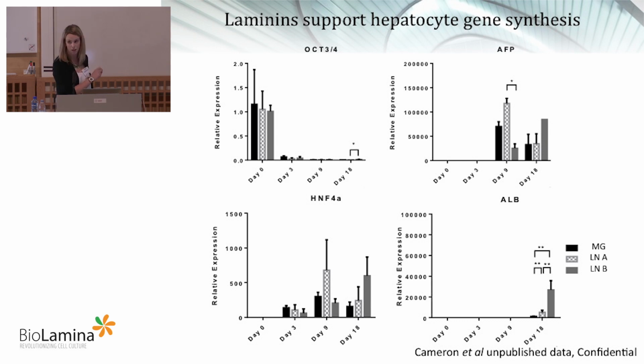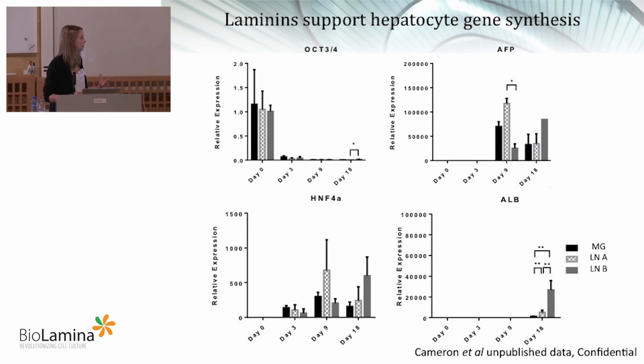The checkered is laminin A, and the grey is laminin B. So we see a nice decrease in pluripotency associated gene expression, a really nice upregulation of the immature marker AFP, significantly higher on laminin A, and we saw a similar trend for HNF4 here, so at day 9 when they're expected to produce immature markers. But then this is where it got really interesting. We saw significant increase on the laminins for albumin production, the more mature gene.